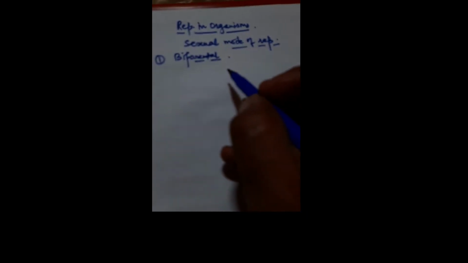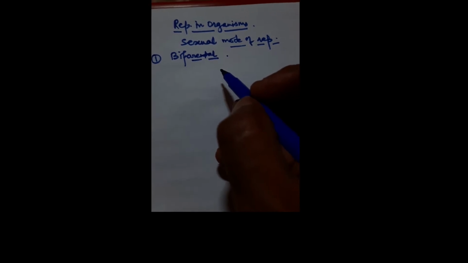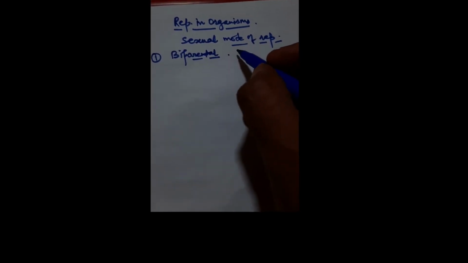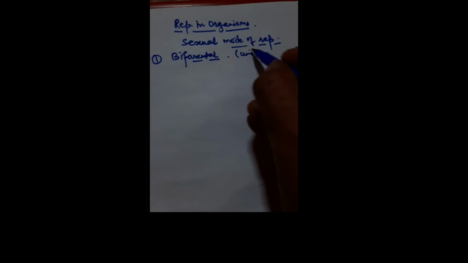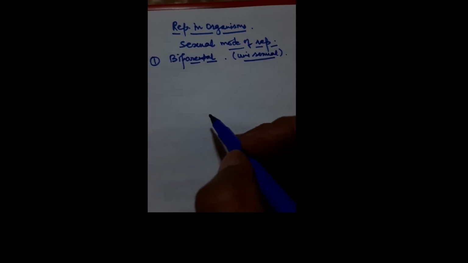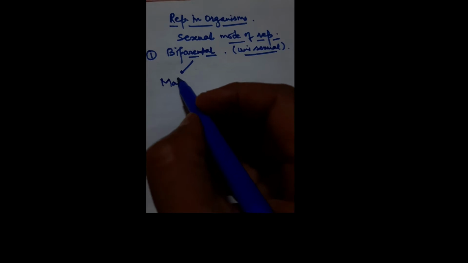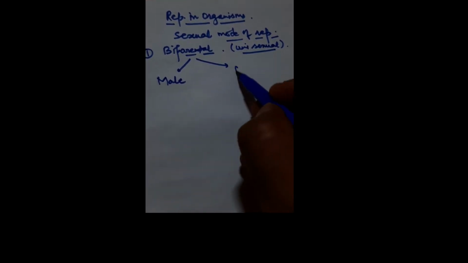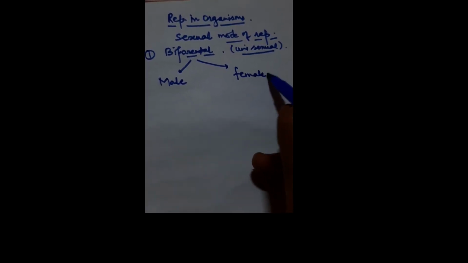Basically, there are two parents, and if the parents are unisexual, the process will become biparental. There will be two parents respectively, one called the male parent and one the female parent, right?